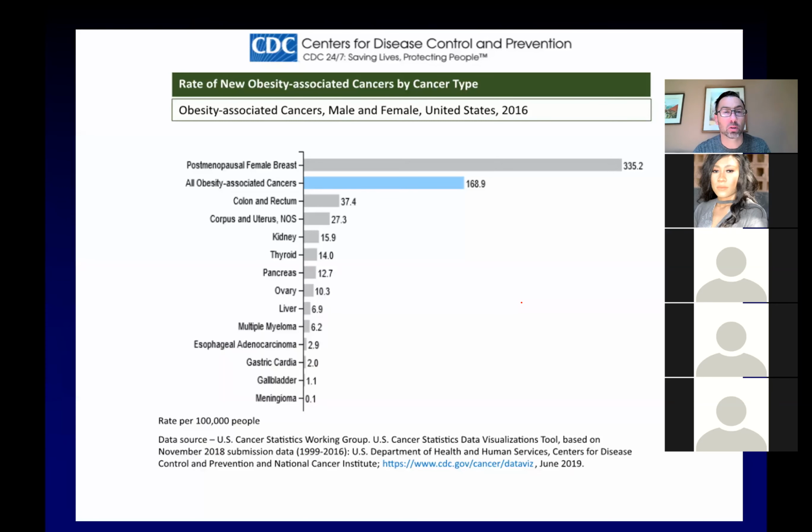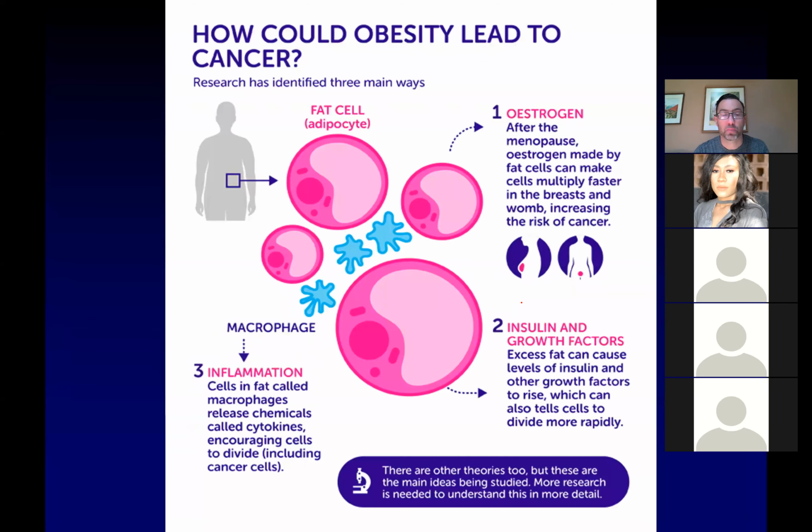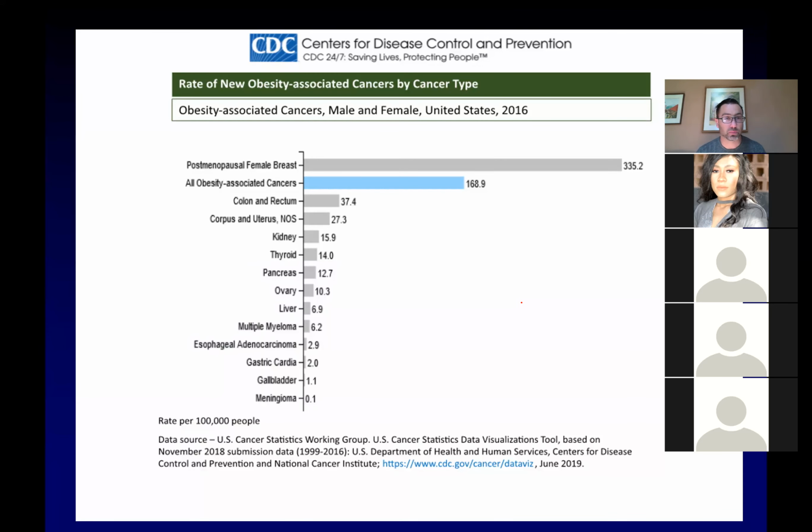All right, so we've done those. So what they're going to talk about, right? This is obesity-related cancers. And so all obesity-related cancers are here. No, I'm sorry, I did this incorrectly. It's postmenopausal breast cancer that's associated with obesity. My apologies.